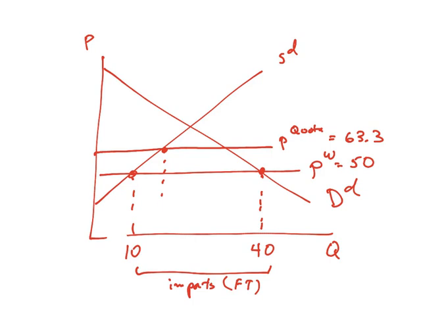The quantity supplied, 13.3. 33.3 is the domestic demand. And this area C, which we've identified before in graphical versions, is going to be the difference in the price multiplied times the imports.